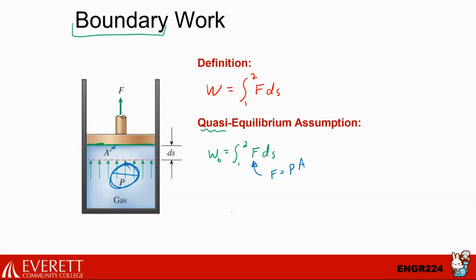So what's the force being applied by all those little pressure arrows? It's the pressure being applied over that area. And then our displacement, the ds term, is how much this piston moves. But that's not super helpful. How do we put that in terms of useful quantities in the system?